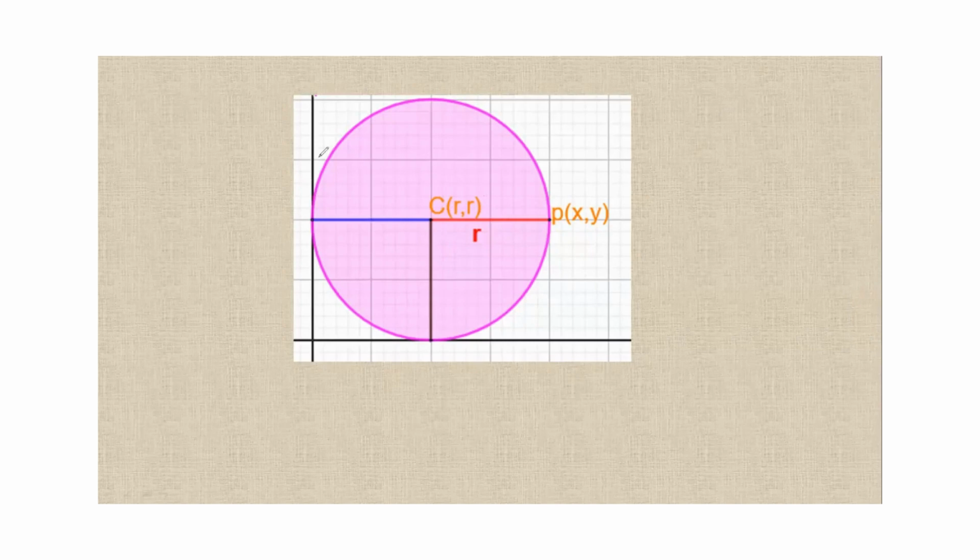When both the y-axis and the x-axis are tangent to a circle, both k and h equal the radius of the circle.